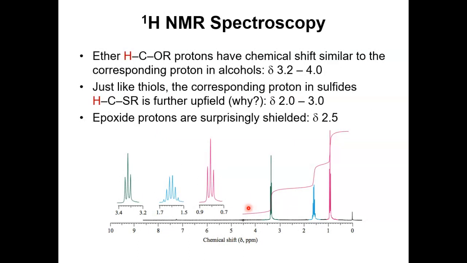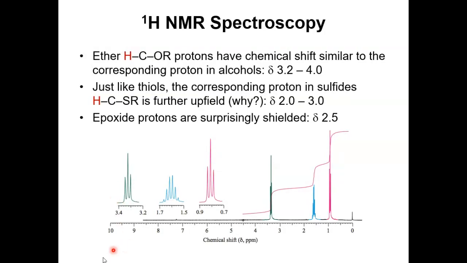And the proton NMR of ethers, other than the OH proton, is the same as alcohol. If you have a proton on the ether carbon, this proton will be deshielded in the same way as the proton in alcohols, exactly the same.